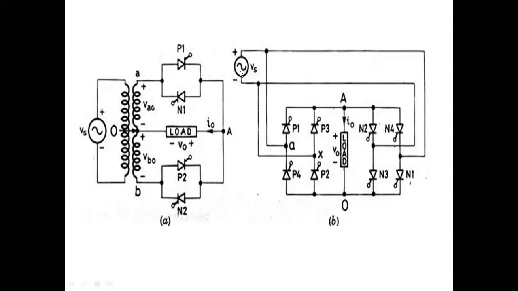Like this. This is the current. When N1, N2 are on, what is the current direction? In the load it is upward, that means the polarity has changed. See, plus minus to plus, through N1, through load upward direction, through N2, again into source, like this. Okay, that means the current direction in the load is changed.